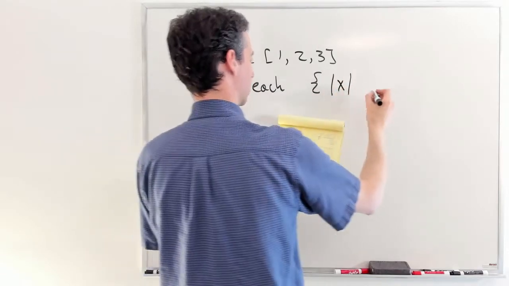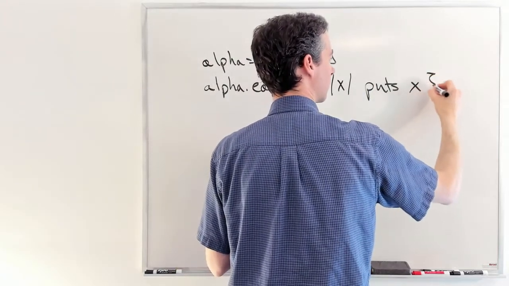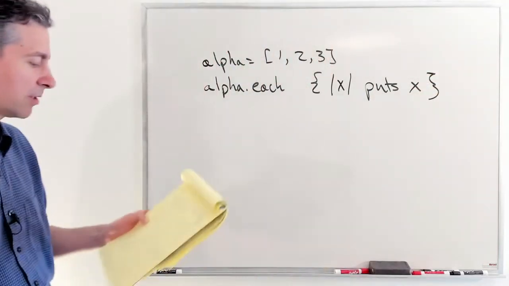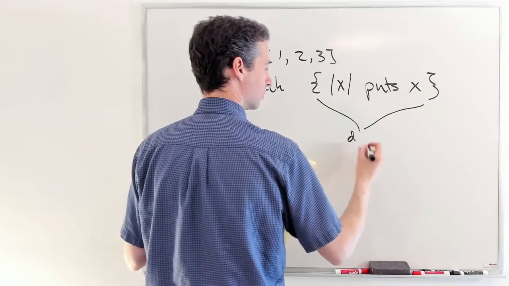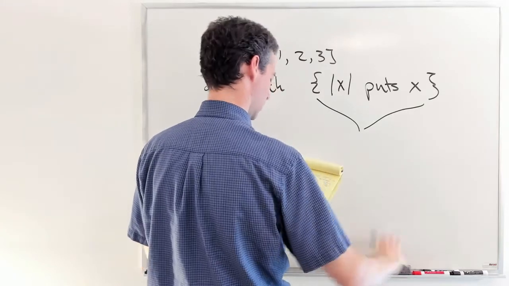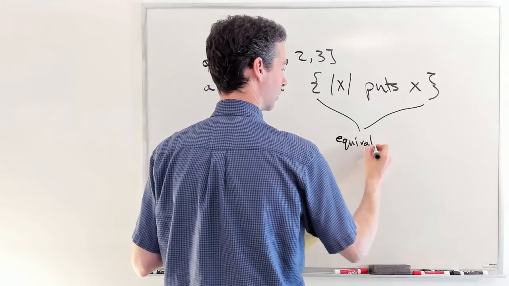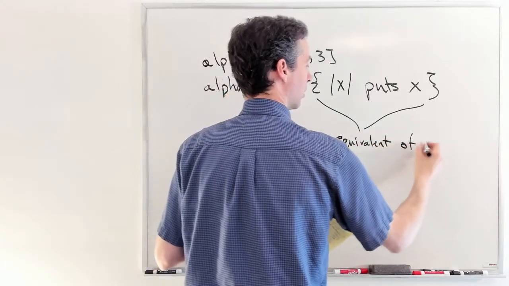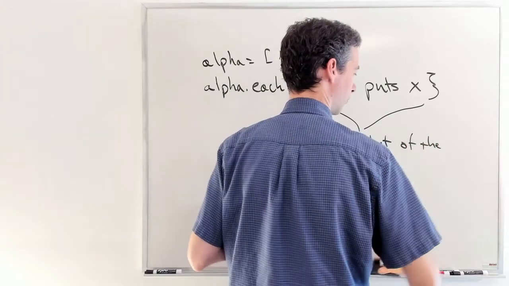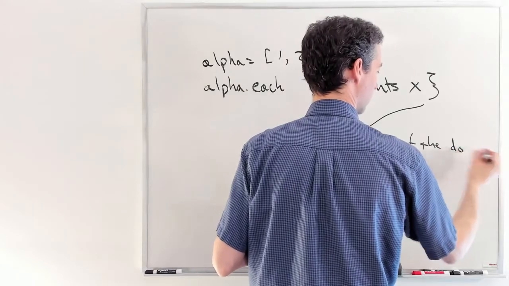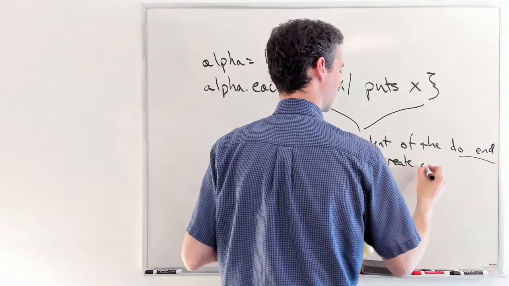And x, and then we can put our statement, puts x, in here, and we match that with the curly braces. These are basically the equivalent of the do and the end, okay? And this is to create a block.